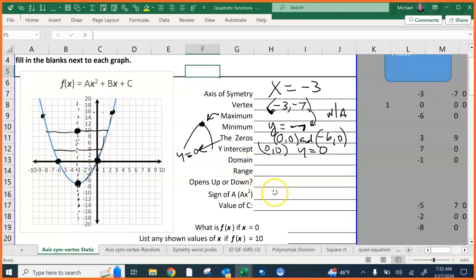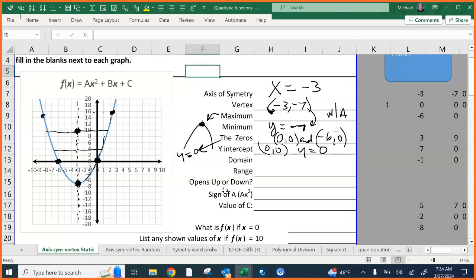Domain. Okay, so domain for a general quadratic graph or function, if you don't limit it, remember, do you guys remember if the domain is the possible x values of a function or the possible y values? Do y'all remember? What does the domain represent?